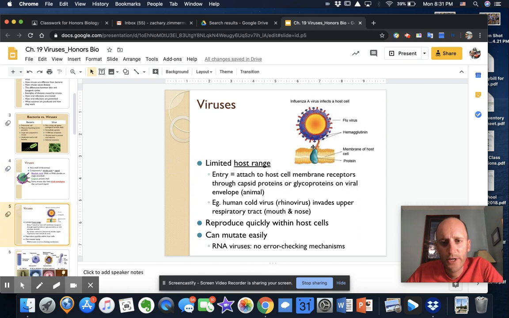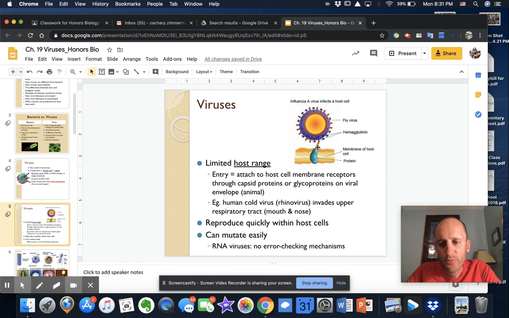So let's talk for a second here about viruses and how they get in. So here's a host cell membrane right here. And then here's a virus with its viral envelope. And there are proteins on the surface of that viral envelope that have a specific molecular configuration that enable them to fit like a key into a lock with the receptor on the surface of the host cell.